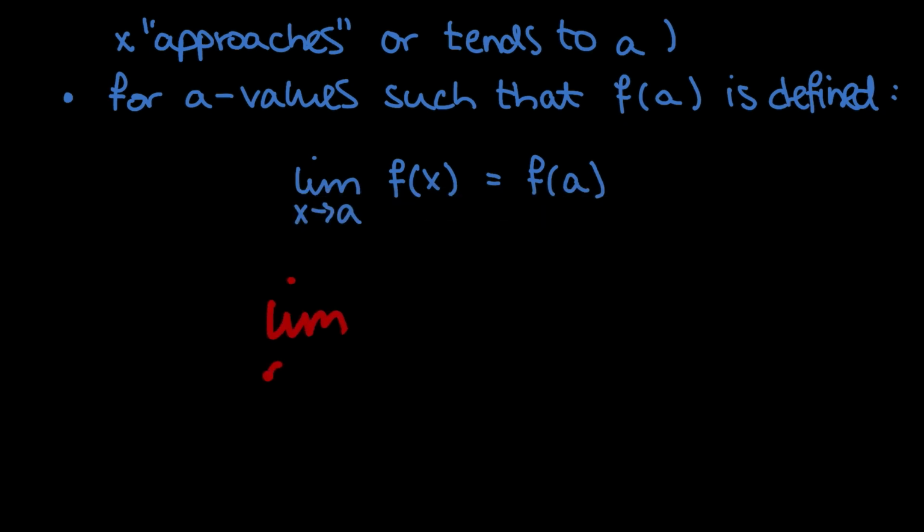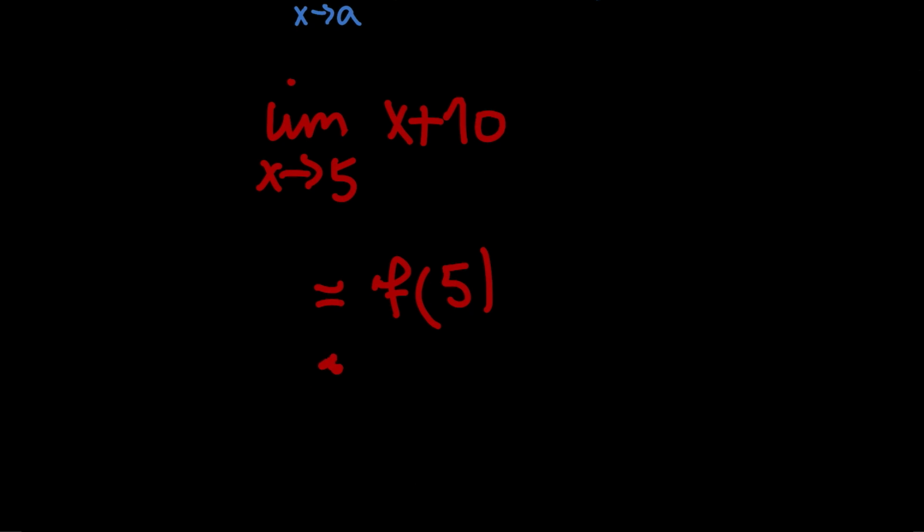So an example of this would be the limit as x tends to 5 of the function x plus 10. Here we can just directly substitute x by 5, because x is tending to 5, and this is equal to 5 plus 10, which is just 15.